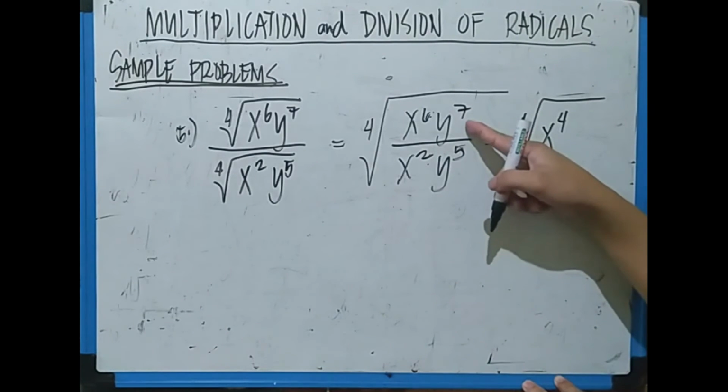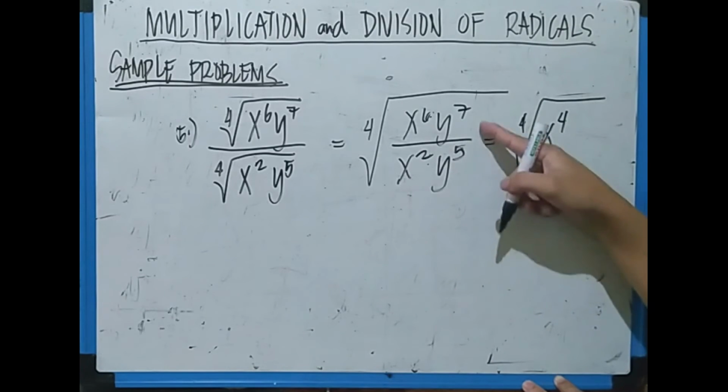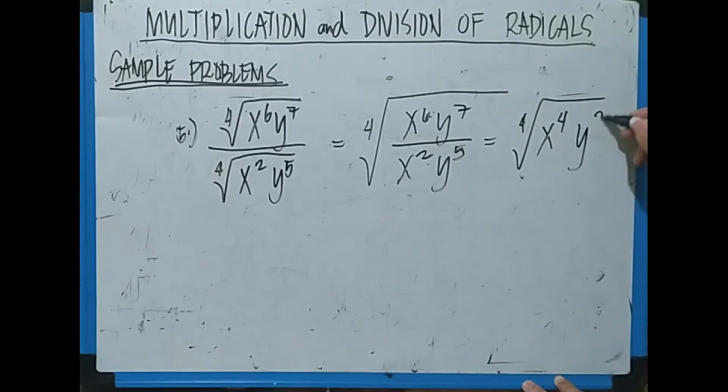For y, y raised to 7 and y raised to 5, 7 minus 5 is 2. So this becomes y squared.